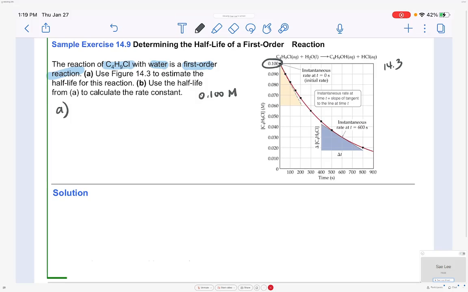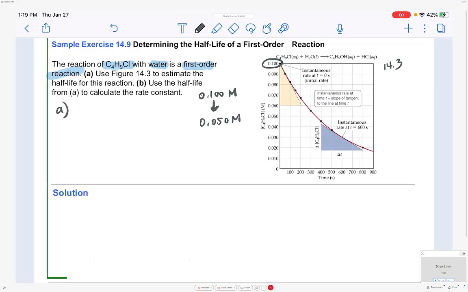Estimating the half-life means asking for the time for this concentration to become half of this value. 0.1 divided by 2 is 0.050. So how long does it take for 0.1 mole to become 0.050 mole? That's basically what question A is asking for.